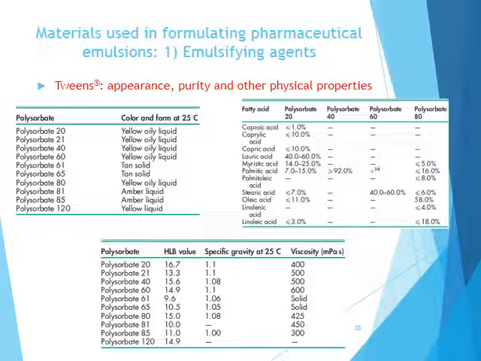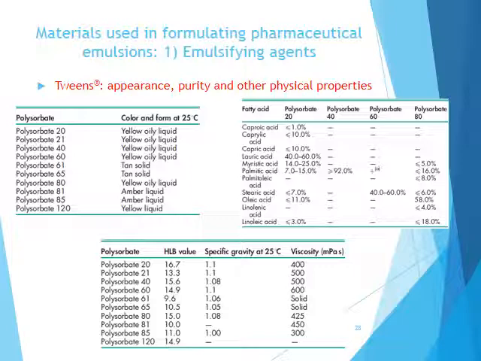Tween 80 is a yellow oily liquid, and polysorbate 120 is a yellow liquid. So it depends on the grade. The structure is different and the appearance is also different according to the chemical nature of tweens. Now for the composition of the different tweens, also we have a variety in the structure.